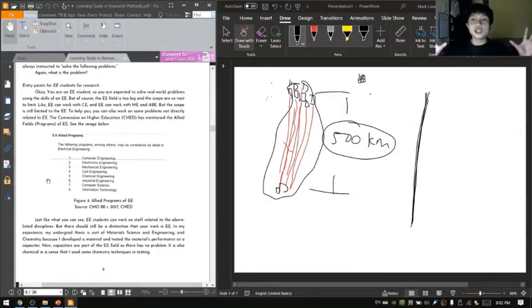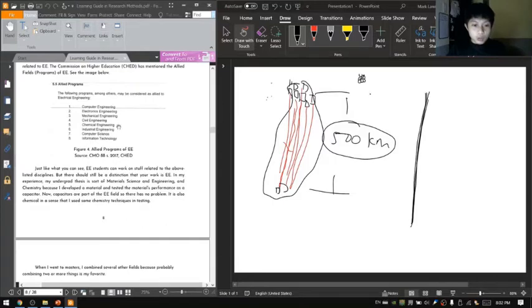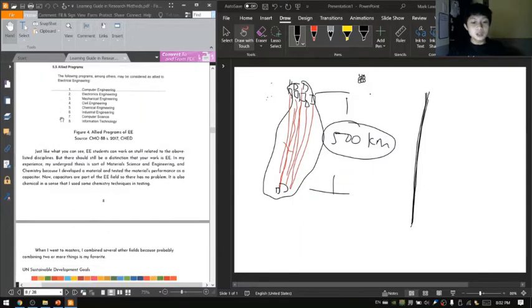Information technology can be more on data analysis or compiling huge data, gathering so much data and making sense out of it. So you can work with the following engineering fields or other disciplines in order to do your research.